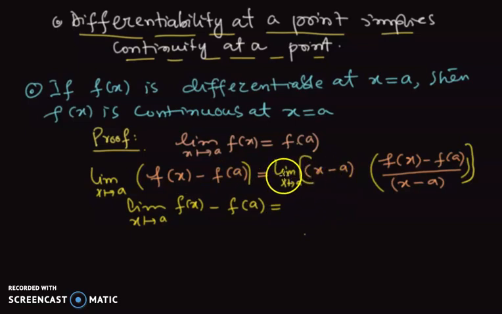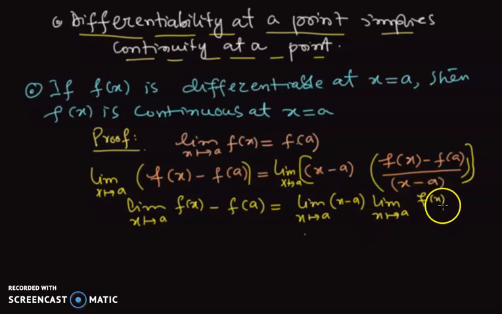But I can apply this limit on the product of these functions separately, because the limit of a product of functions is the product of the limits of the functions. So I can use that idea, f of x minus f of a divided by x minus a.